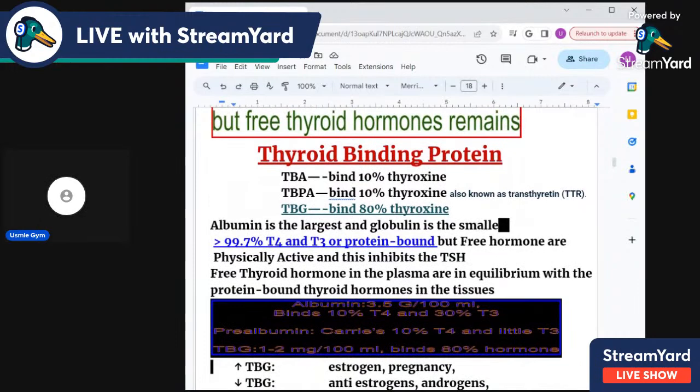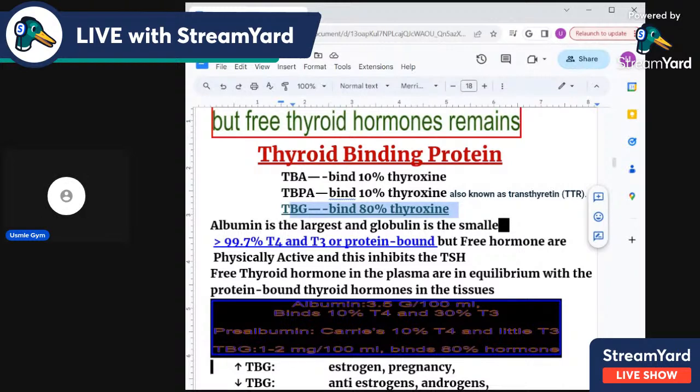Now, thyroid binding proteins. Three thyroid binding proteins: thyroid binding albumin, thyroid binding prealbumin, and thyroid binding globulin. The main protein with which the thyroid hormone binds is thyroid binding globulin. It binds more than 80% of thyroxine. Only approximately 10% is bound to albumin and prealbumin.